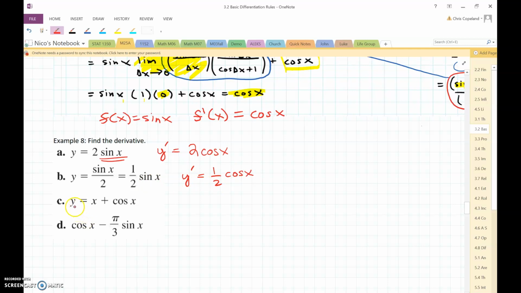Look at C. y equals x plus cosine of x. So the derivative of this equation: the derivative of x is 1. The derivative of cosine of x is negative sine of x. So we didn't go through the proof of that, but we stated the rule up there. That would be that answer.